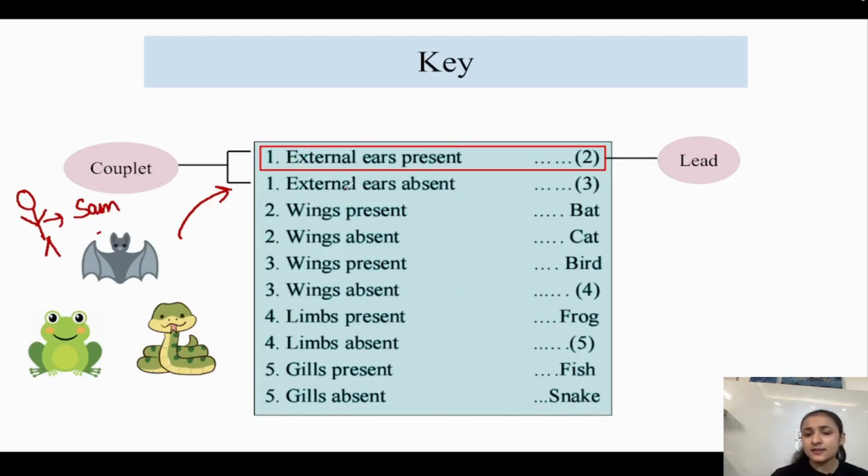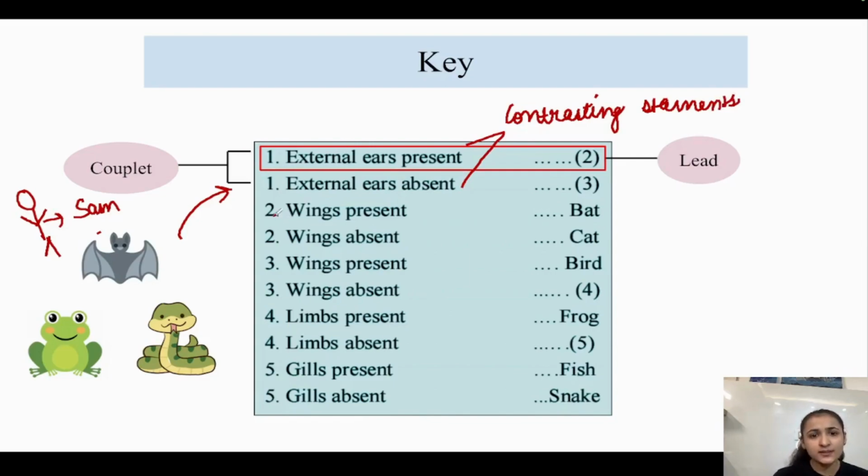Then the next statement is representing external ears are absent. So a key contains the pairs of contrasting statements. These statements are opposite to each other. So key contains sets of contrasting statements.